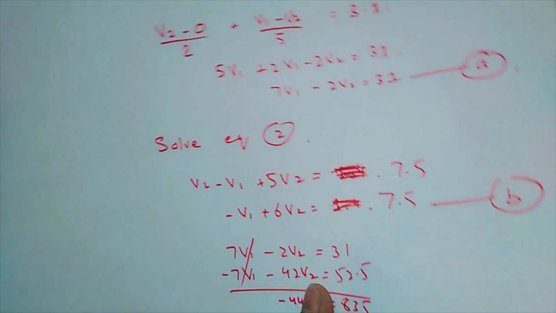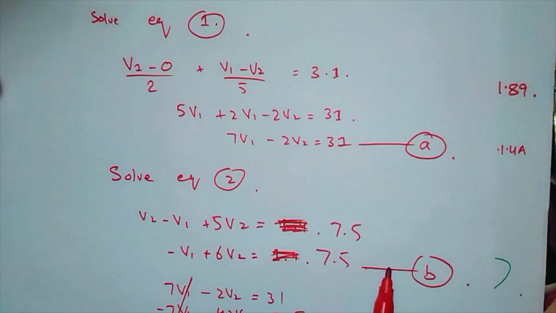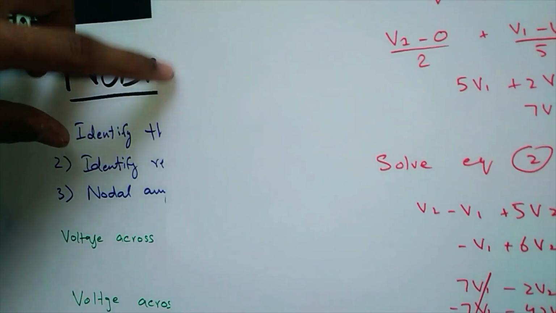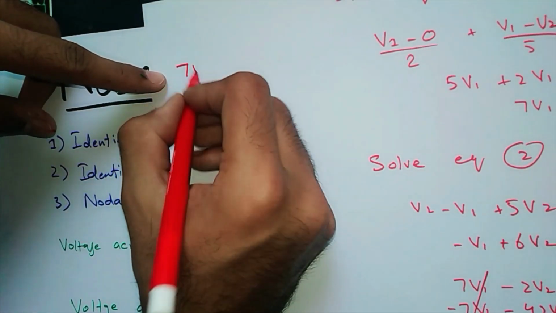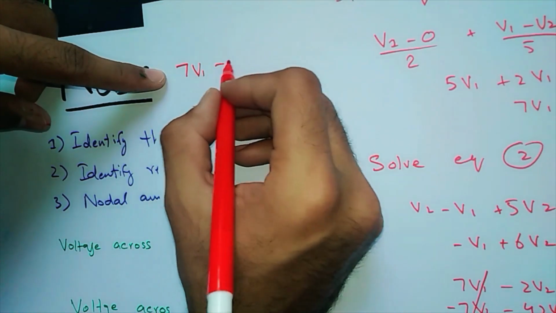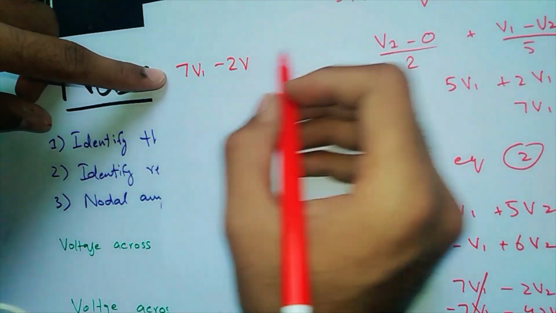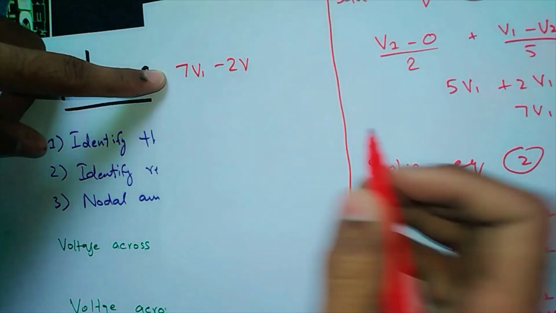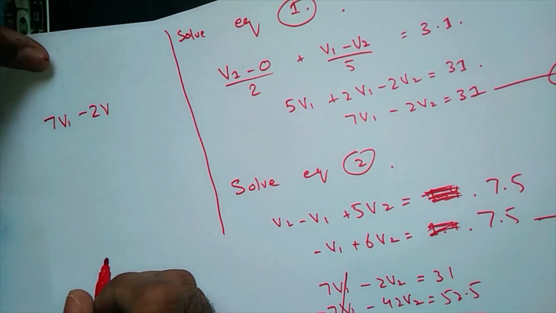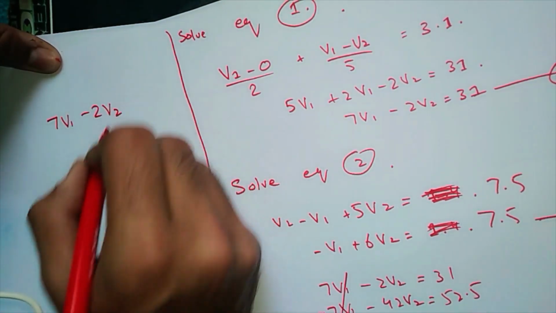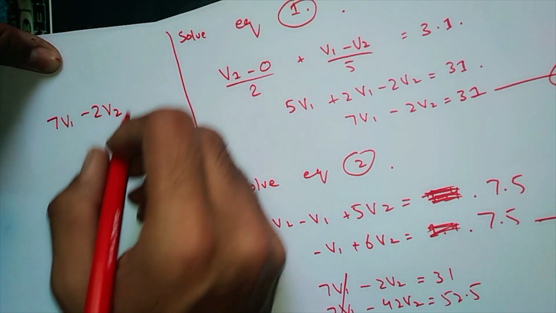So put the V2 value in equation number A. It becomes 7V1 minus 2V2 is equal to 31.